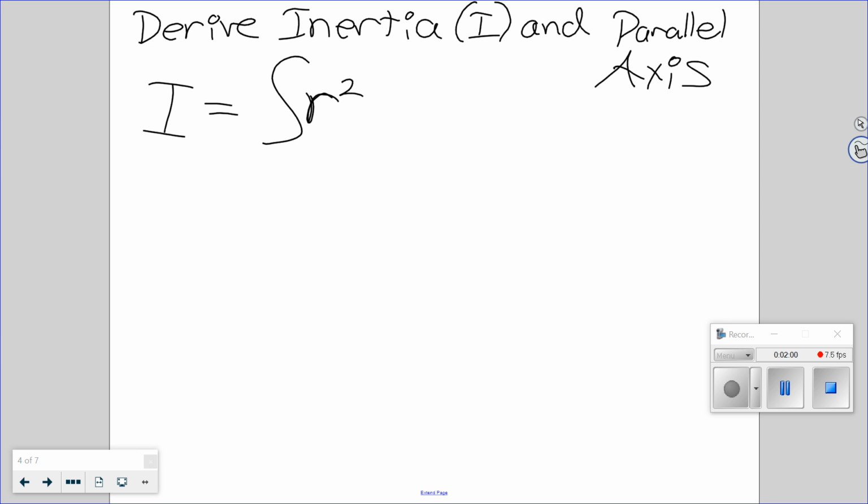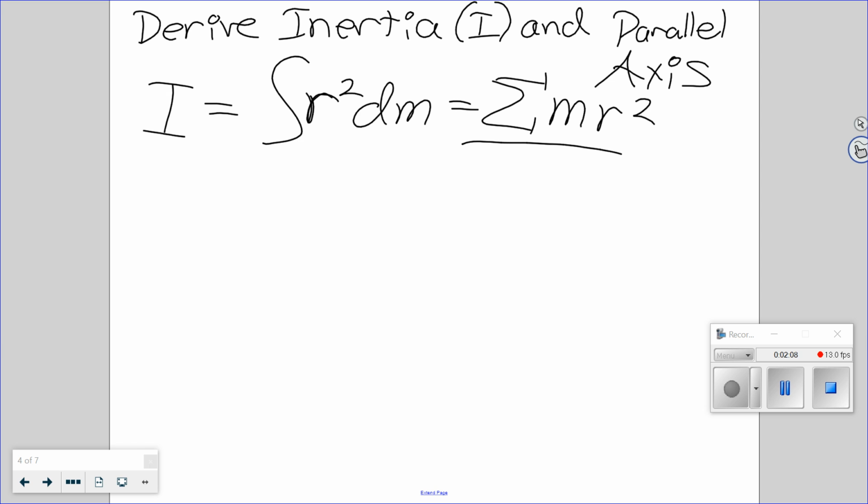Okay, so it says I equals the integral of r squared dm, and that equals the sum of m r squareds. That should be really self-explanatory.